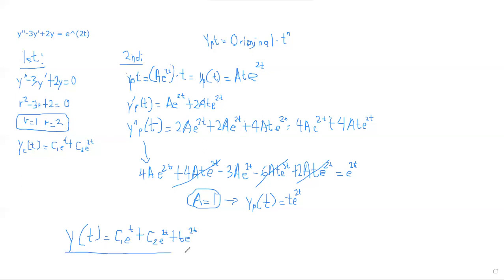And there you go. That's the trick whenever you see overlaps. You multiply the original particular solution by t raised to how many times the root is in there.